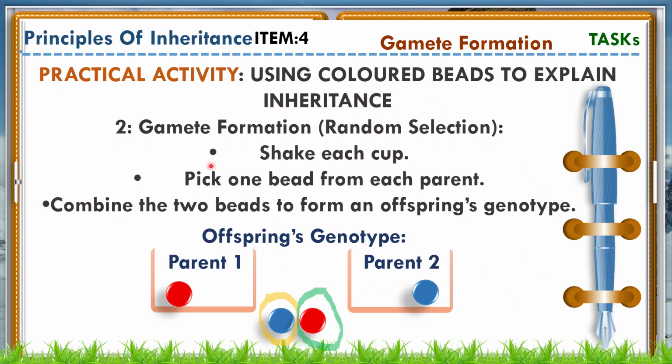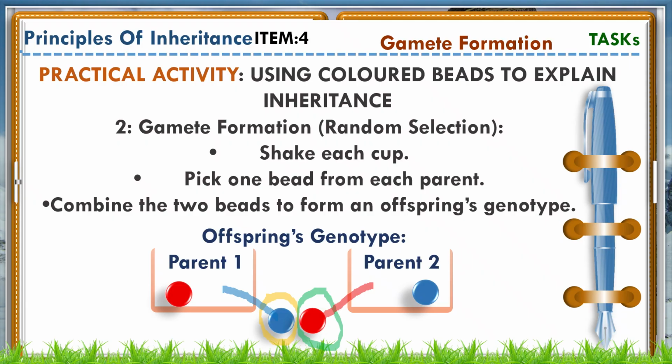Remember, we were saying the gamete formation should be random selection. We shake each cup and pick one bead from each parent, which becomes the gamete. So we picked one blue from this parent and one red from this parent, and those are our gametes.